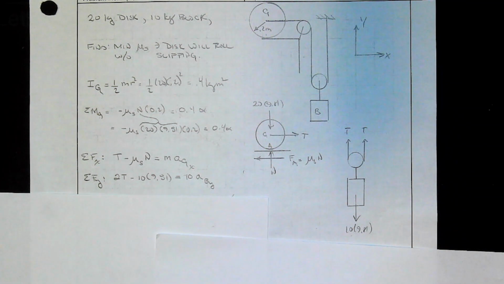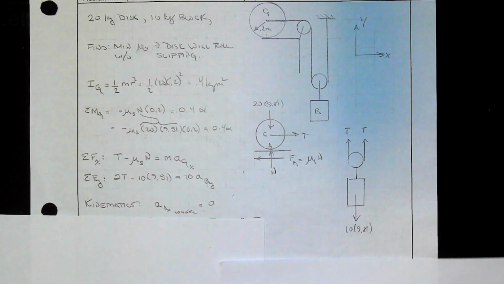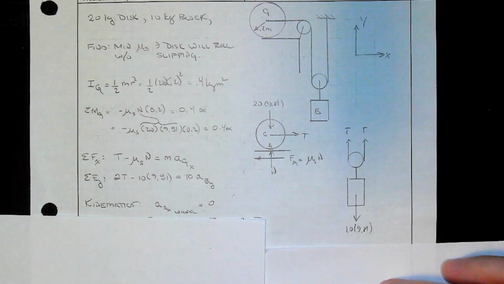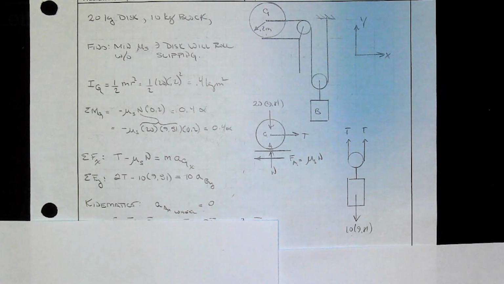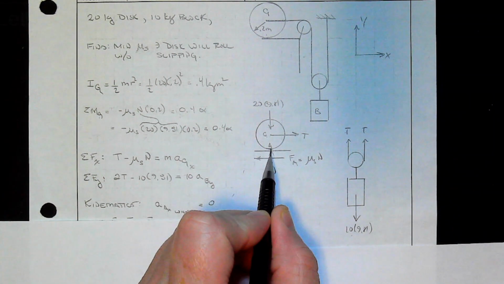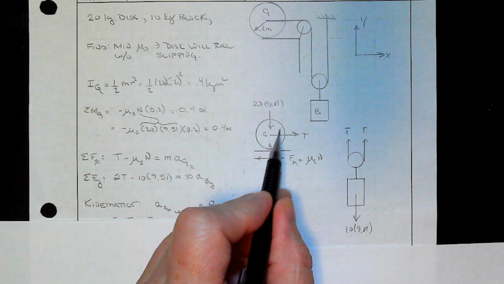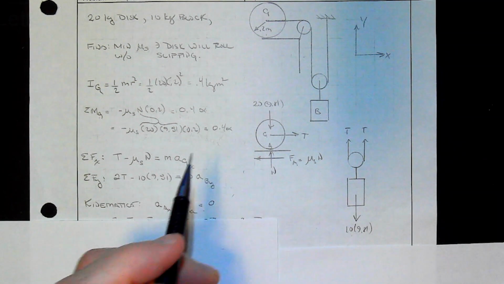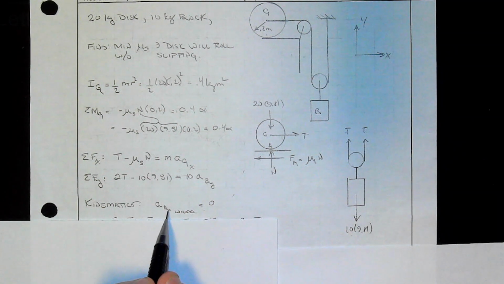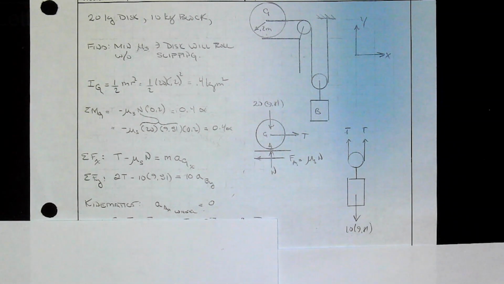So where are we going to get them? Well, as is typically the case, we're going to start appealing to kinematics. This is rolling without slipping, so down here, the acceleration along the x is 0. That's part of rolling without slipping. Remember, we had this path. It comes in, and then it goes straight up and out. So acceleration a_Ax, which is on the wheel, is 0. We've had that.